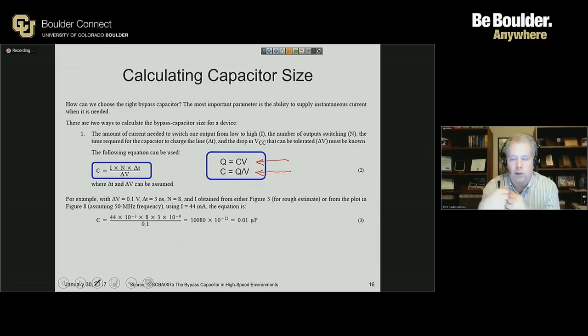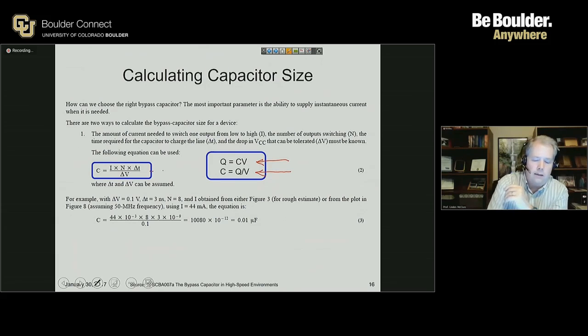The number of outputs switching simultaneously is N, and the time required for the capacitor to charge the line is delta T. Basically, how much time does it take for that chip to switch its output from low to high? That's how much time you have to provide charge from the decoupling capacitor. And then delta V is the allowable or acceptable drop in VCC that you're willing to accommodate. If you know those values and plug them into the equation, you're able to calculate a capacitor value.